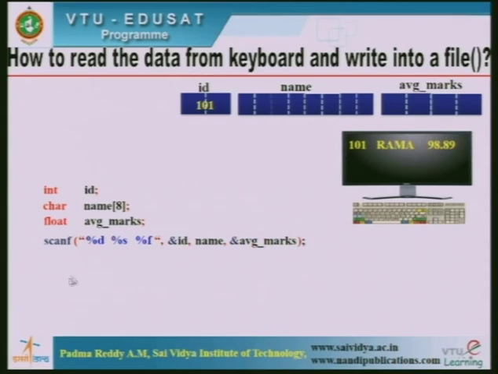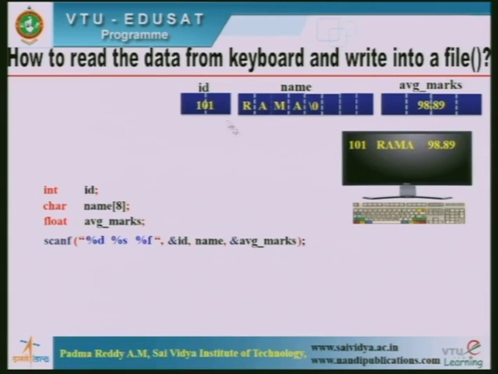Now 101 will be copied into id, and if I enter Rama, Rama will be copied into this particular field and it ends with the null character, because Rama is a string. And then 98.89 will be copied into average marks. So this is how the data is read from the keyboard and stored in the various variables, in this example id, name and average marks.